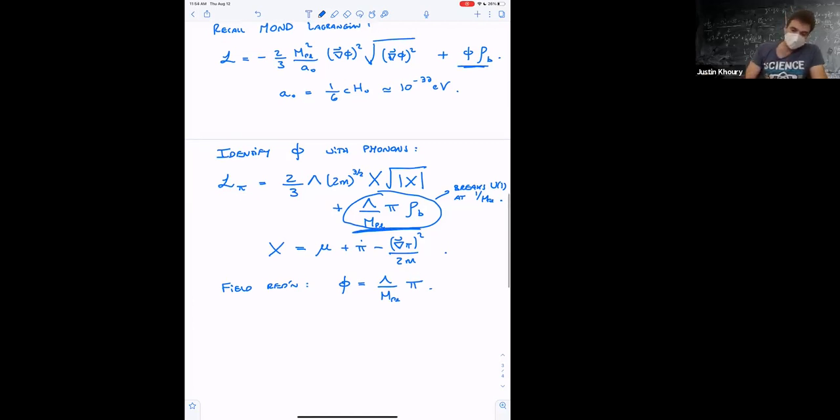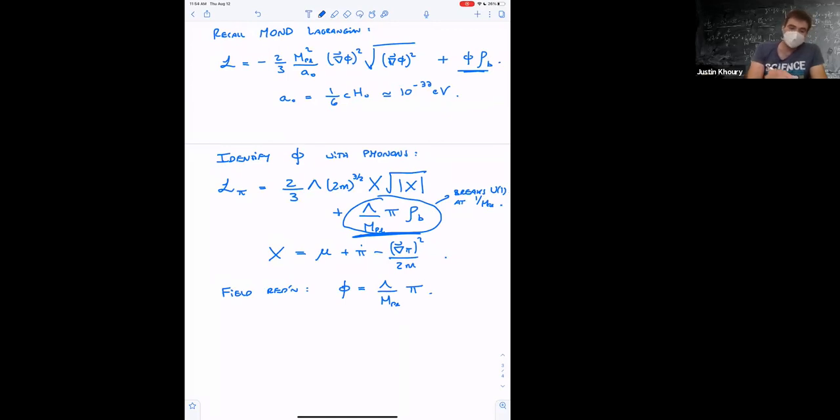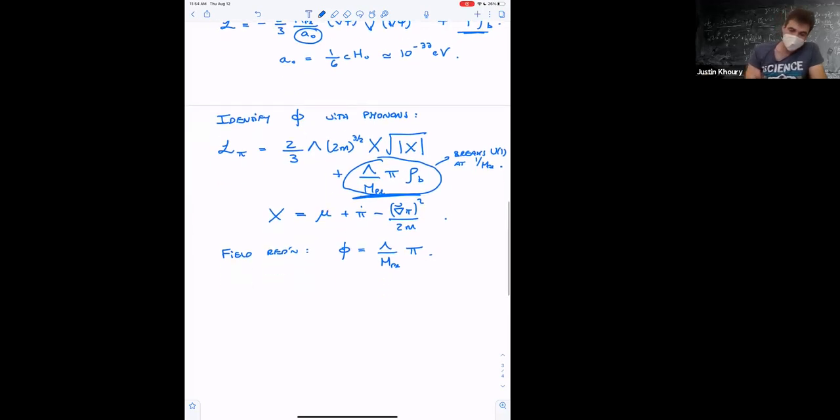And when you do that, you will be able to read off what the characteristic scale A naught is in terms of the parameters of this Lagrangian for the superfluid. And you'll find that this scale lambda that appears in the superfluid Lagrangian is the square root of A naught times M Planck. So this is the usual numerology, that the geometric mean of the Hubble parameter and the Planck scale is roughly a milli-electron volt.